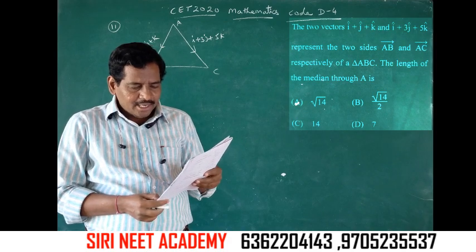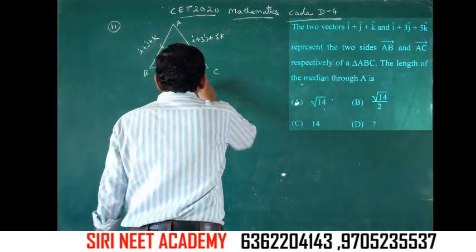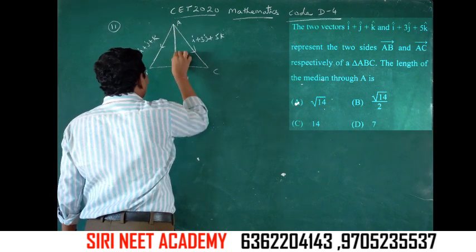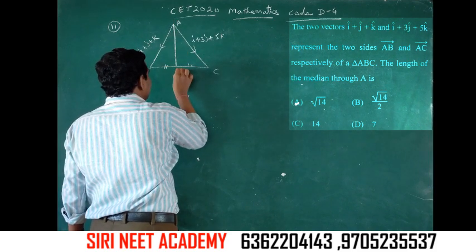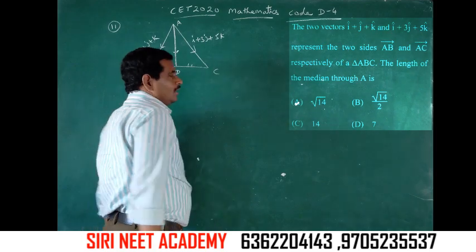Then the length of the median through A: if D is the midpoint of BC, then we want the length of the line AD.